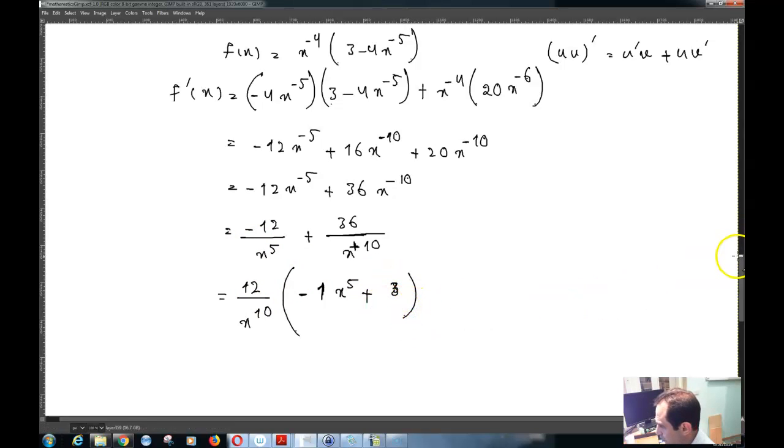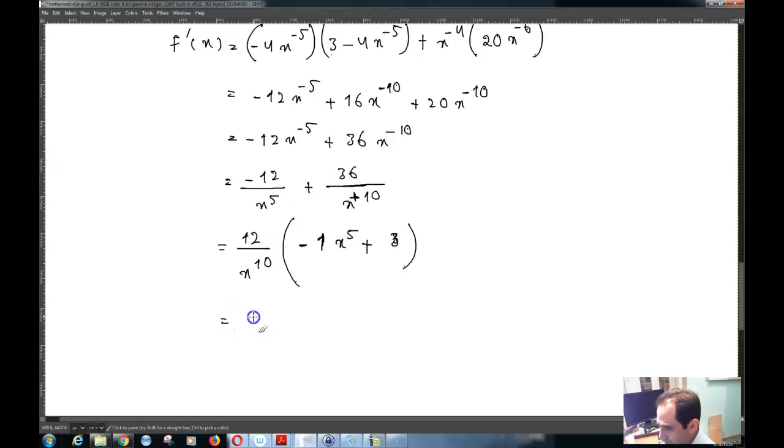And so that is equal to 12 over x raised to the power 10 times 3 minus x raised to the power 5, something like that. Part 5 of this question is negative 12 over x raised to the power 5 plus 36 over x raised to the power 10, which is the final answer in the book.